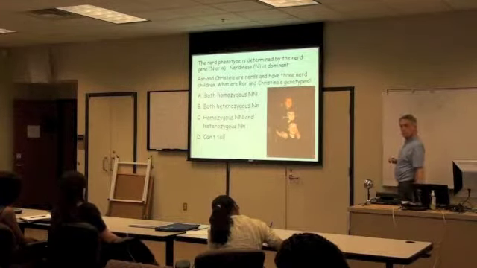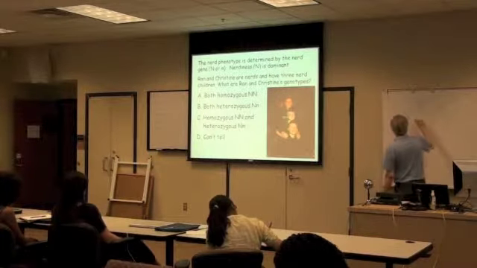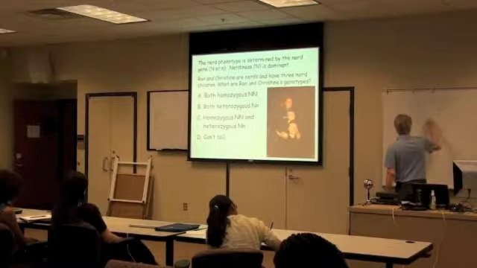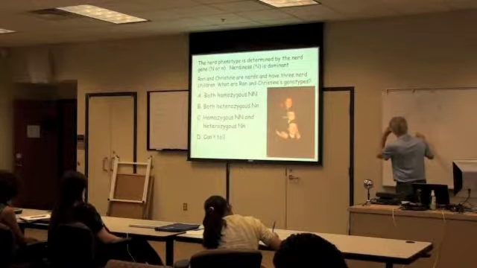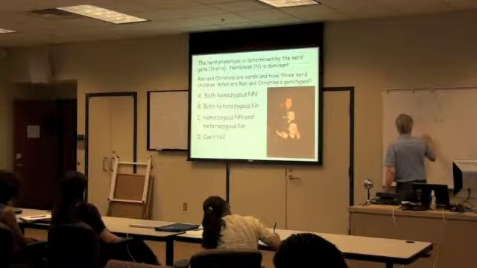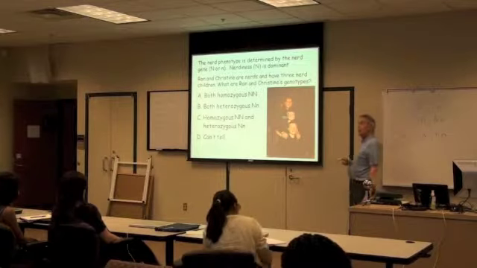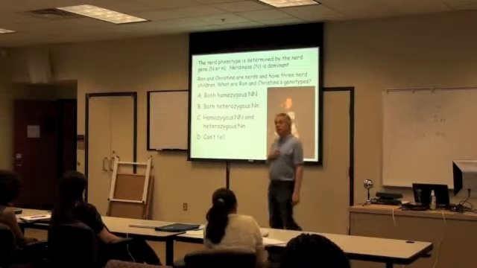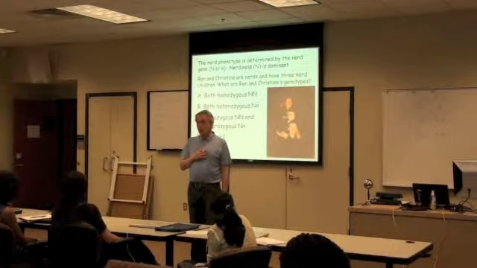Let's do the Punnett square here, right? What are we going to get? So the probability is that only 1/4 of my children will be not nerds, right?